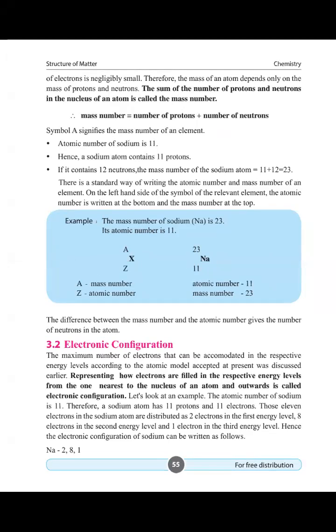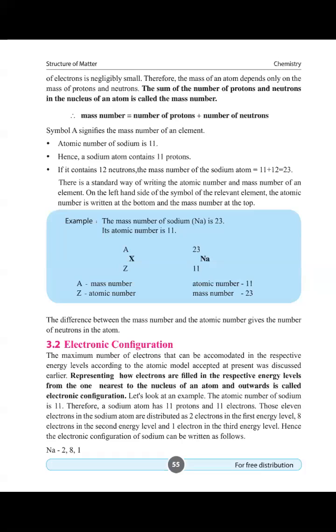That is the maximum number of electrons that can be accommodated in the respective energy level. Now, in any energy level, there is a maximum number of electrons. So electronic configuration means how these electrons are filled in the respective energy levels from the one that is nearest to the nucleus outwards.